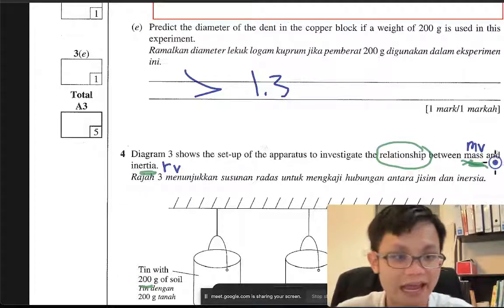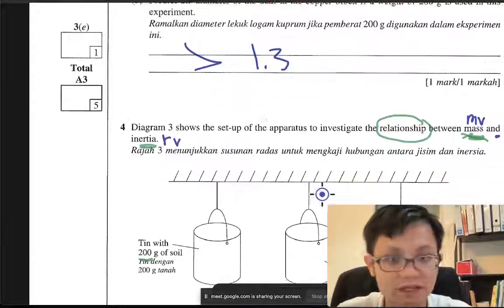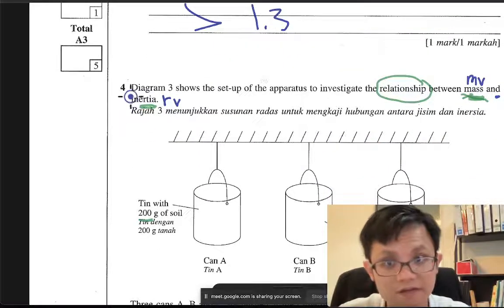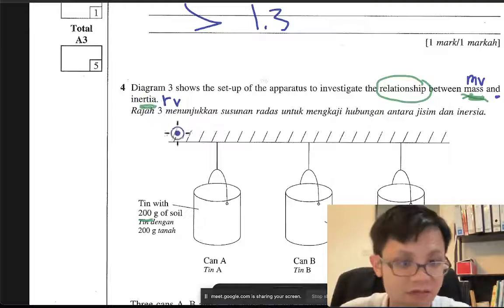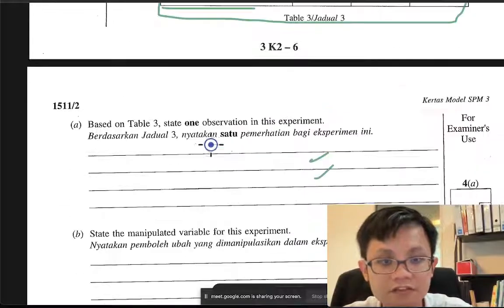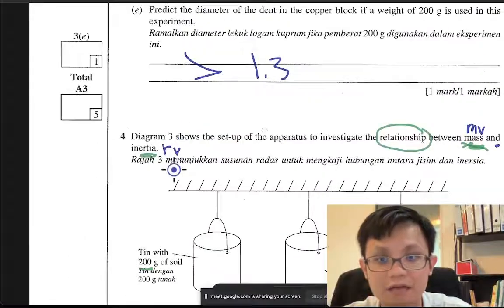So when we read, we need to know what is the MV and the RV, the responding variable. Even though the question is worded in a certain way, you need to think by yourself what you want to change in order to see what responds, which is the inertia. Usually for research, of course, we always target the responding variable, inertia.